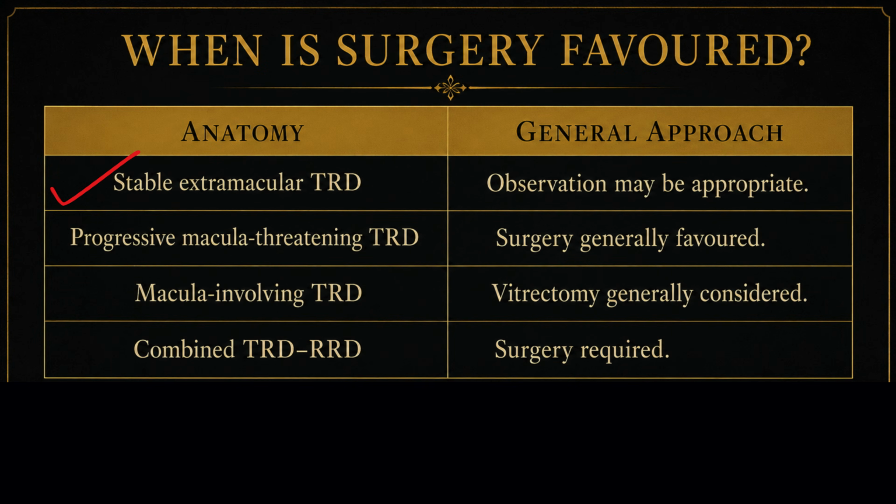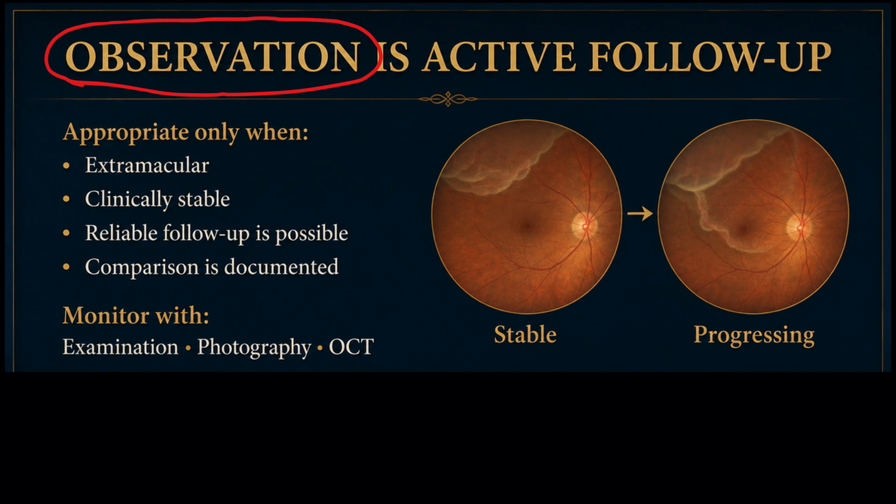Not every TRD requires immediate surgery. A stable extramacular TRD may be observed in a selected patient, provided that the follow-up is reliable and the anatomy can be compared over time. Observation should include control of the underlying proliferative disease, and documentation with examination, photographs, and OCT must be done.